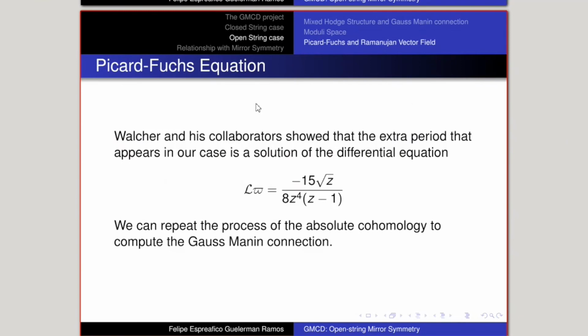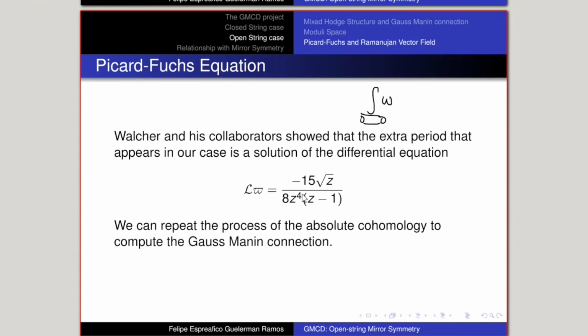Again, we have a Picard-Fuchs equation. So in the same way, Candelas et al. show that the periods are solutions for an equation. Walcher and his collaborators show that this extra period, which is given by the integral over this homology path connecting the 2 curves, so the extra period is something like this, is a solution for the inhomogeneous differential equation.